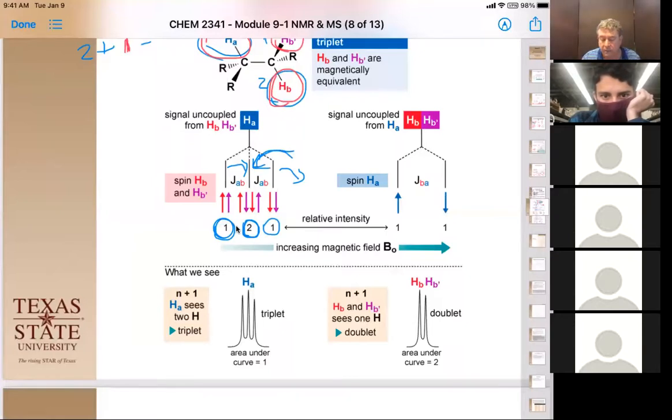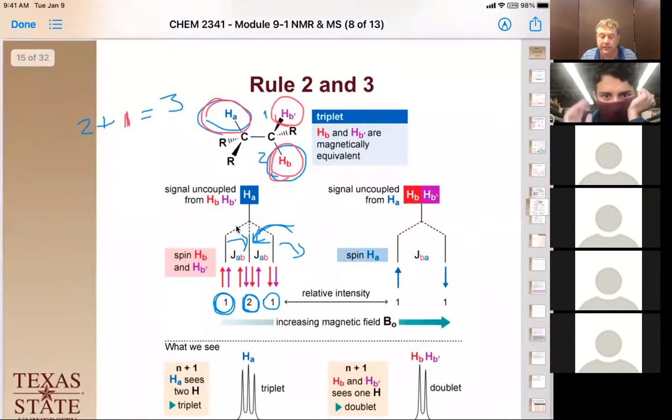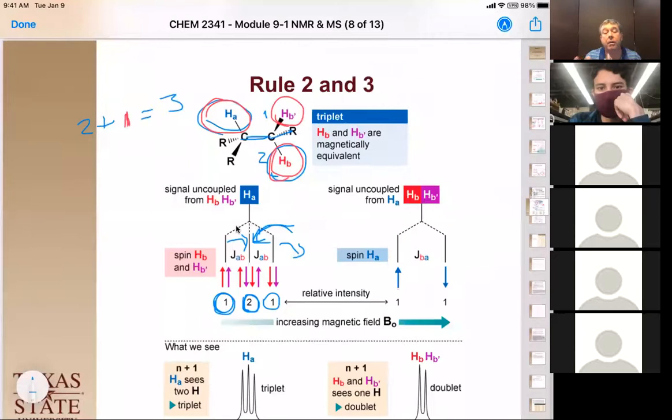Okay, so let's look at the other 2. Because they are magnetically equivalent and they are right next to each other, we can say that they are not going to split each other because they have the exact same environment around them. See, we don't have a ring making one above and below the plane. We have the same bonds on either side. So they are magnetically equivalent, which means we get one peak for just those hydrogens right here.